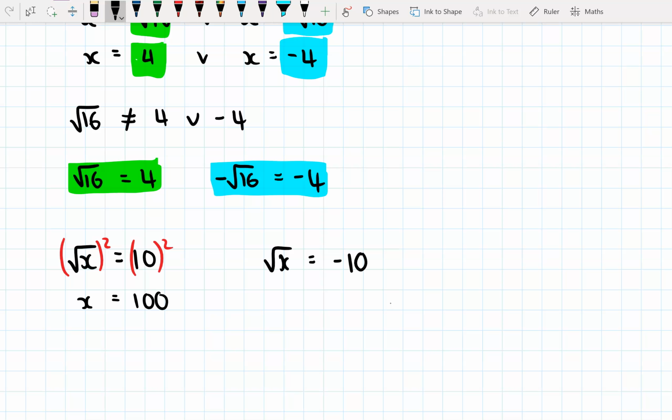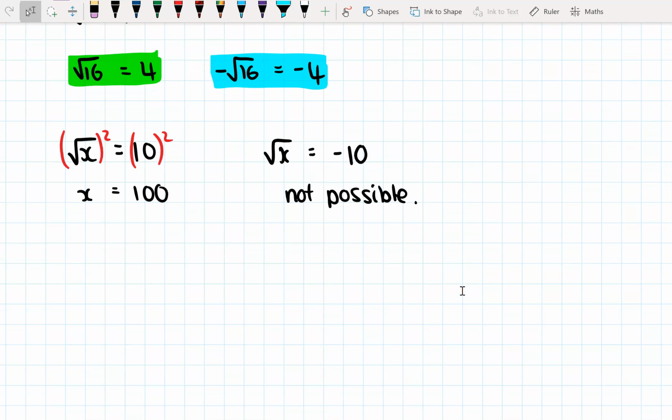So if we have the question that a positive square root is equal to a negative answer, this is not possible. There is no answer to this one. Okay, and I want you to keep that in mind. I know for some people that will be quite confusing, but you have to have a positive root equal to a positive answer and a negative root equal to a negative answer. Okay, now that's fine. This is pretty straightforward.